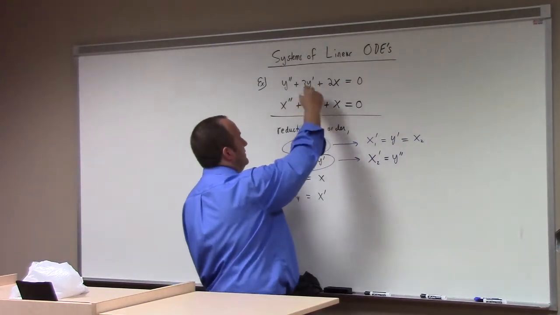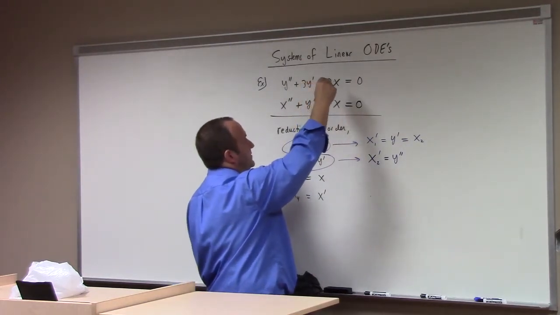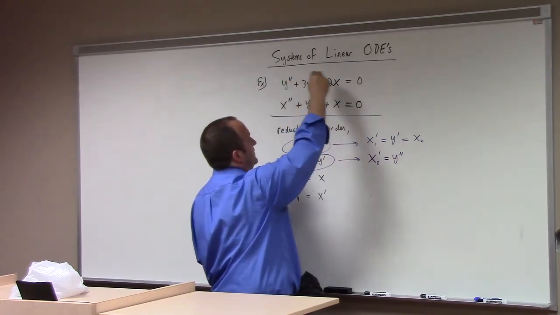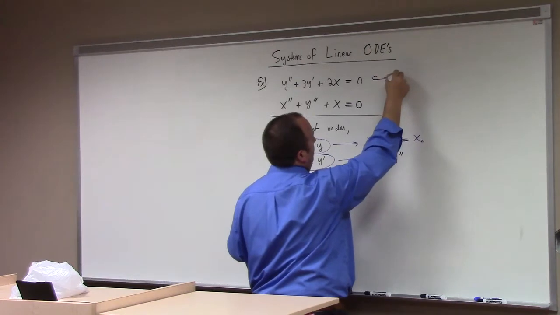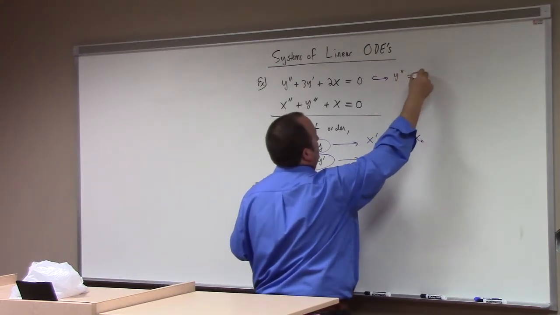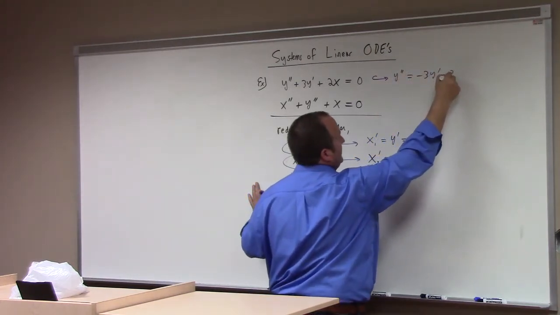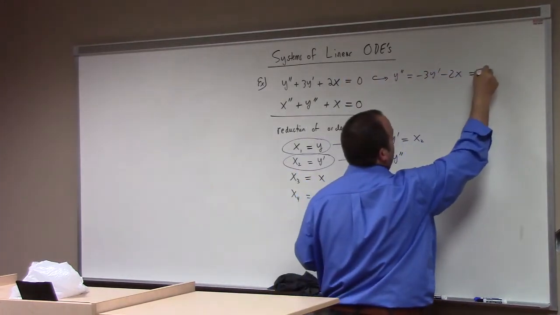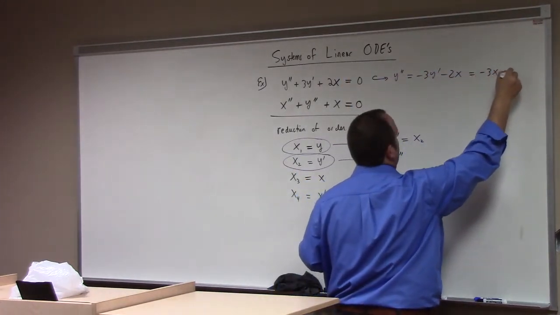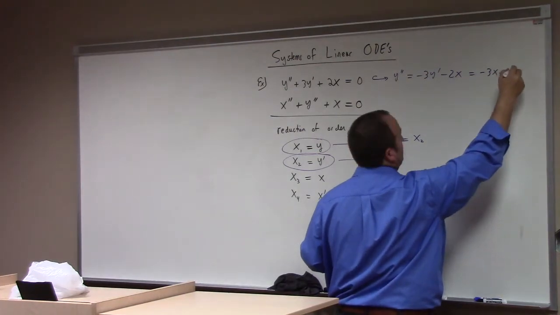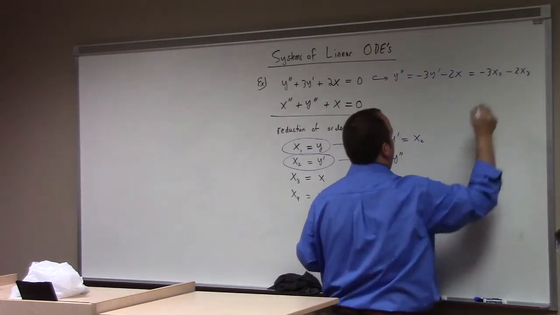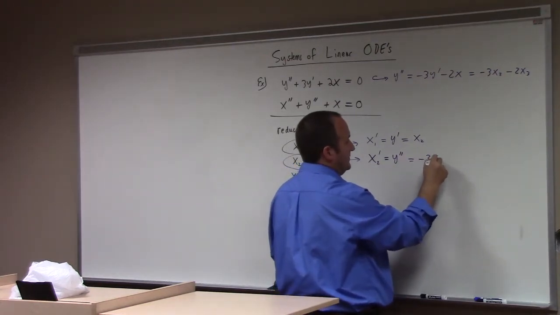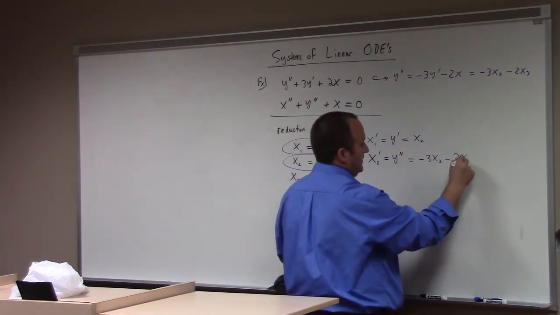Well, up here, this says y prime prime is equal to what? Minus 3y prime minus 2x, which is what? Minus 3x2 minus what? 2x3? So x2 prime is actually equal to minus 3x2 minus 2x3.